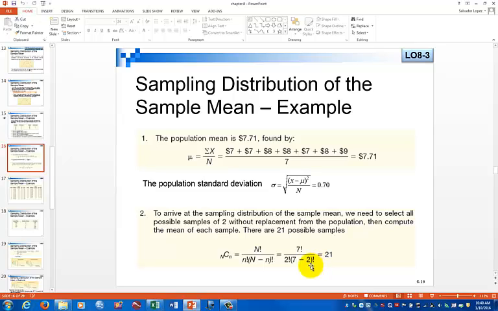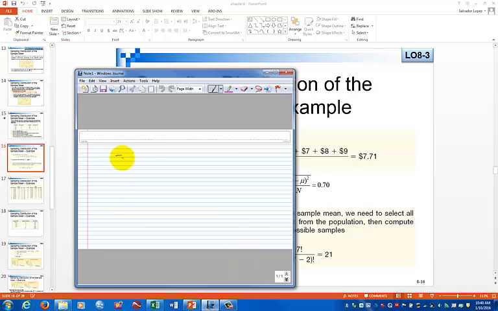And what is the concept of factorial? The factorial of 4, for example, is 4 times 3 times 2 times 1. So the factorial of 7 is 7 times 6 times 5, etc., until you reach 1. In other words, 7 factorial would be 7 times 6 times 5 times 4 times 3 times 2. I'm not going to multiply by 1 because it's the same.